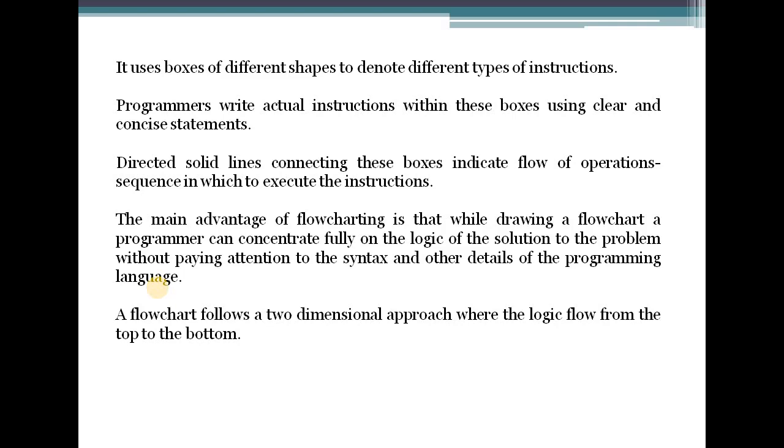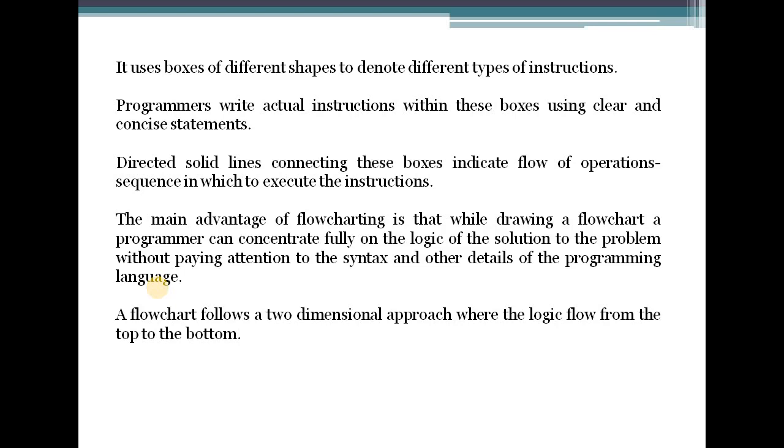A flowchart uses boxes of different shapes to denote different types of instructions. The use of symbols having standardized meanings makes it easier to communicate program logic through flowcharts. This is because the use of standard symbols in a flowchart enables anyone using the flowchart to interpret the logic easily.